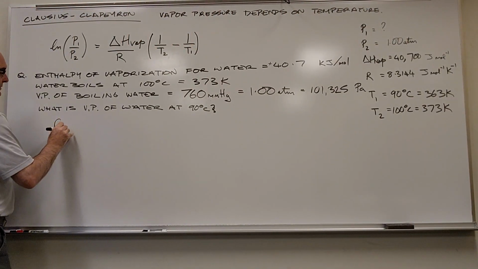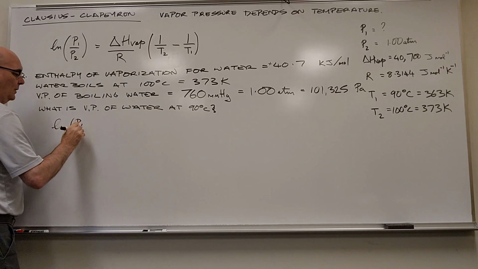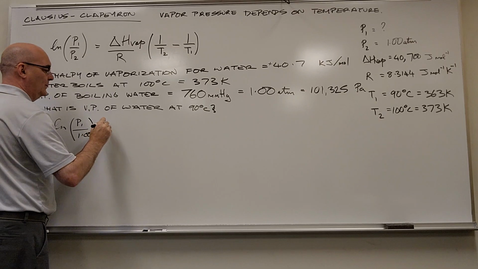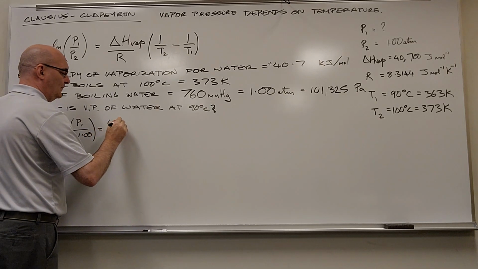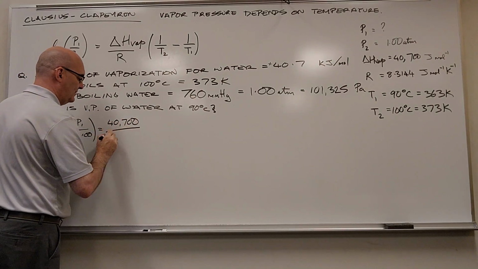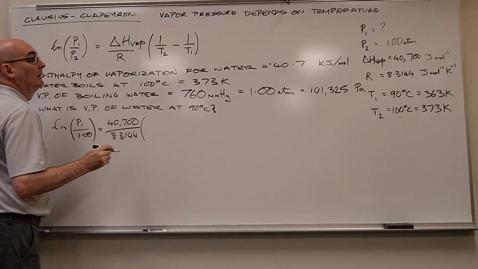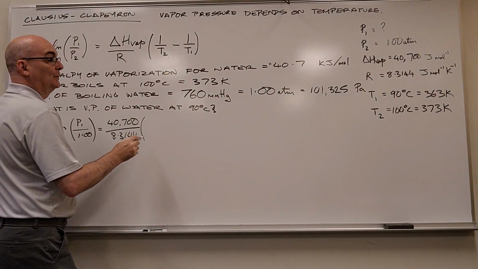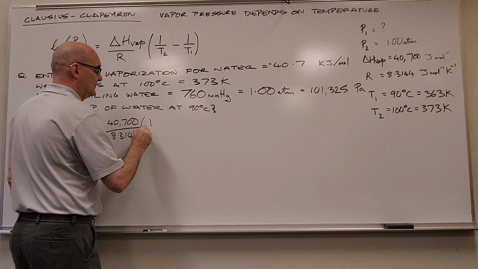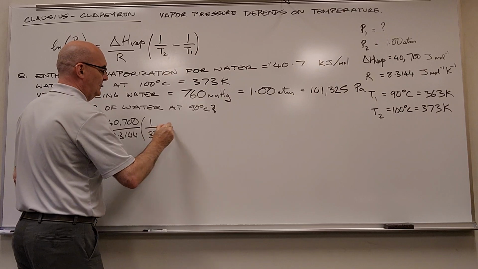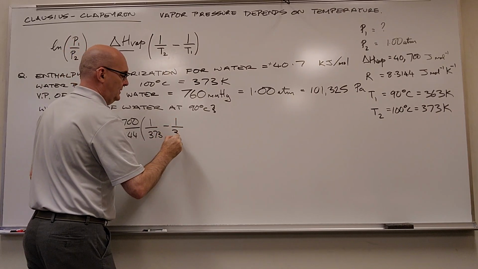So the natural log of P1 divided by 1 is equal to 40,700 divided by 8.3144, multiplied by 1 over 373 minus 1 over 363.